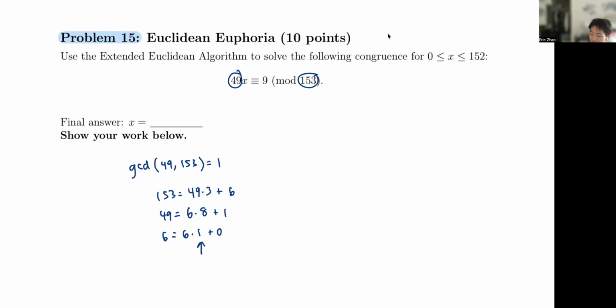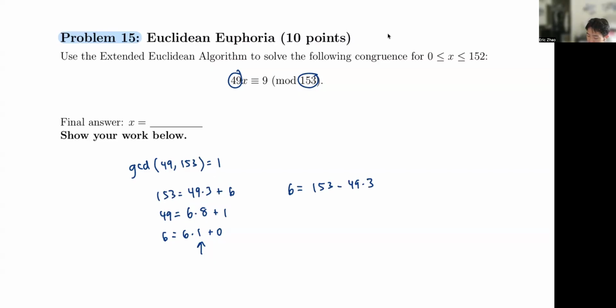So let's start with this line over here, right? Let's start with 6. So just doing some algebra, if we take this line over here, we subtract 49 times 3 from 153, we get 153 minus 49 times 3. Okay, what is that?